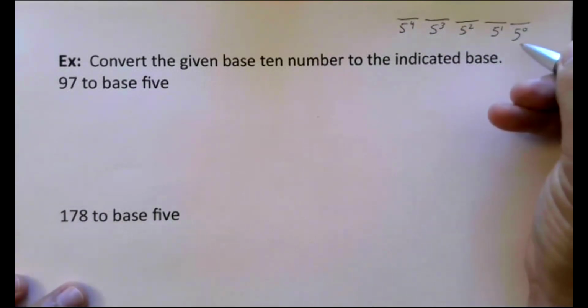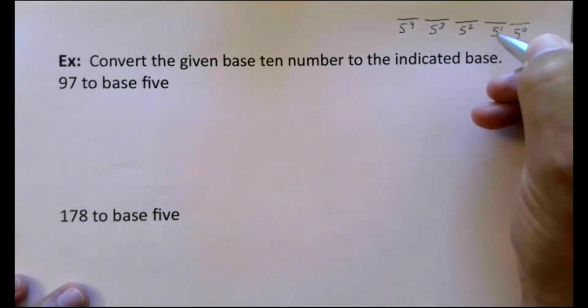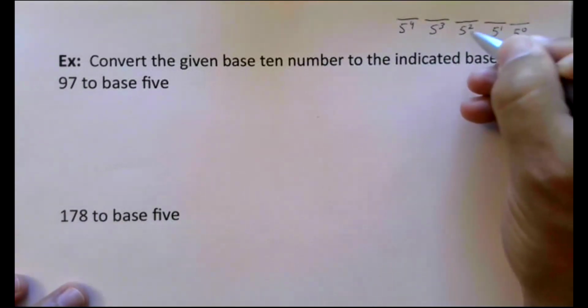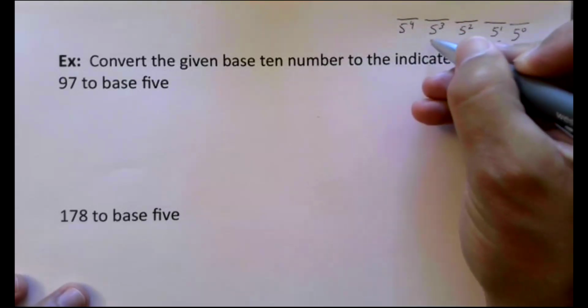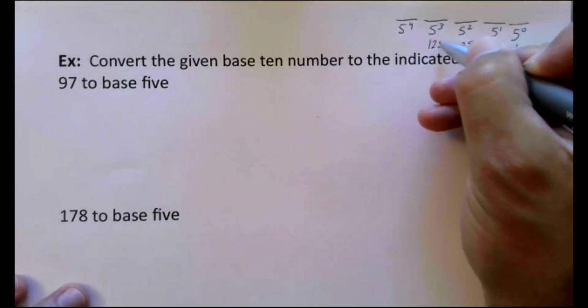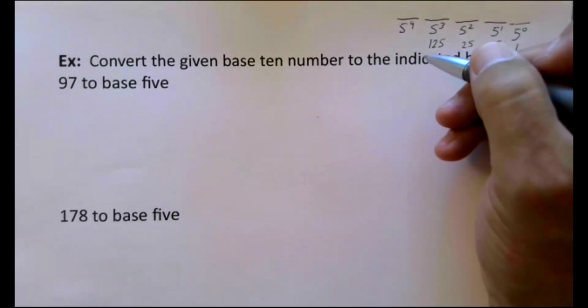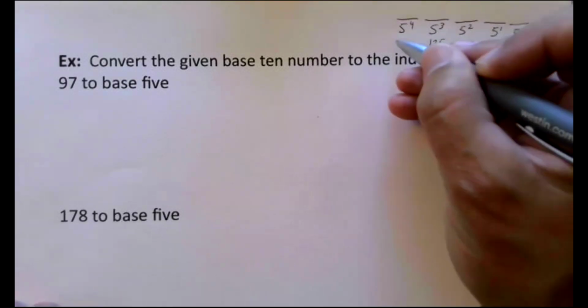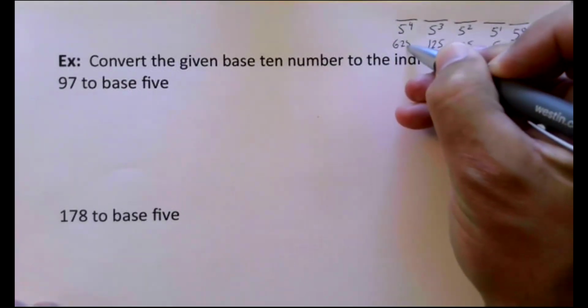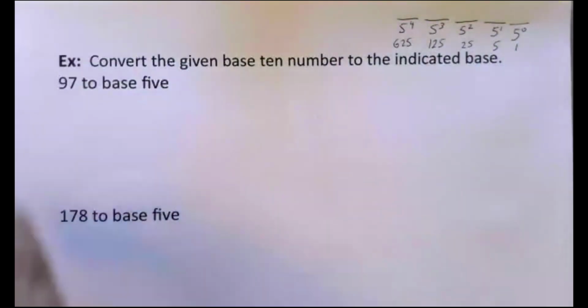Remember, anything to the 0 power is 1. 5 to the first power is 5. 5 times 5 is 25. 5 times 5 times 5 is 125. And if you multiply that by 5, you get 625. And that just keeps going on forever to the left.